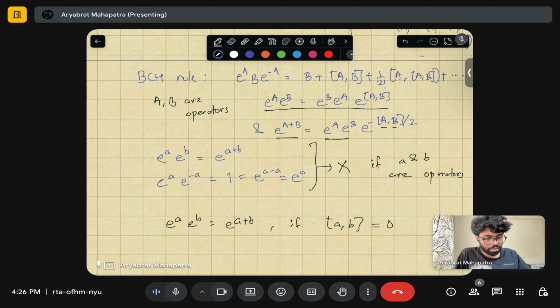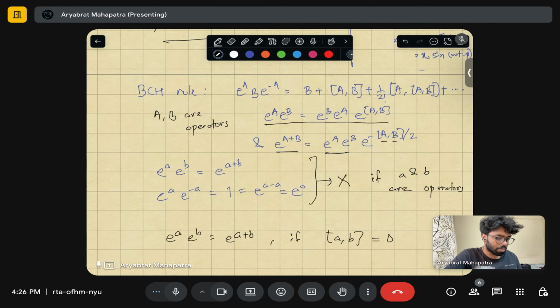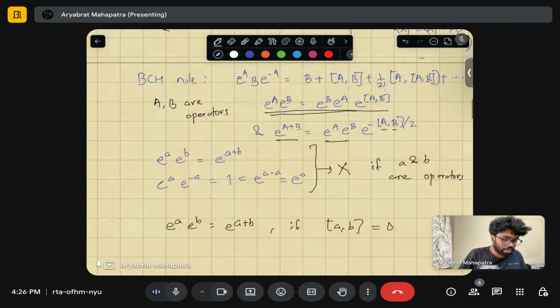These are abstract mathematical notations; A and B are all matrices. When you do e to the power A multiplied by e to the power B, that is equal to e to the power A plus B if they are numbers. But if they are matrices, you cannot do that. You have to follow this rule: e to the power of matrix A multiplied by e to the power of matrix B is written as e to the power of matrix B and e to the power of matrix A multiplied by e to the power of the commutator of matrices A and B.